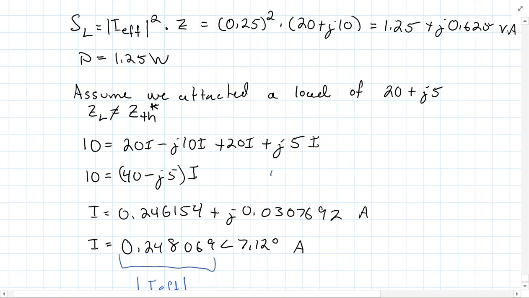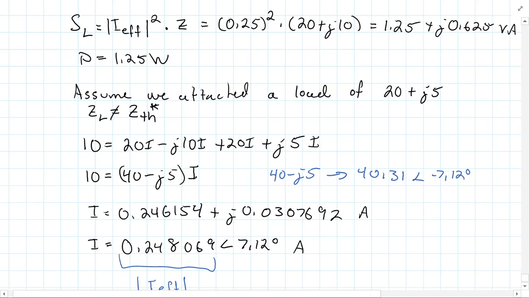Well, if you think about 40 minus j5 and convert it to polar, you get that this is 40.31 at an angle of negative 7.12 degrees.